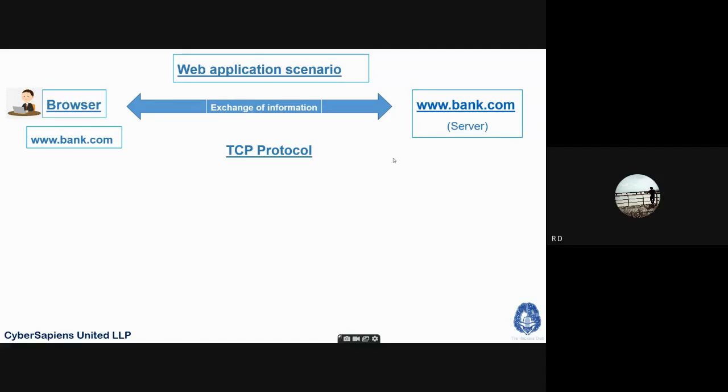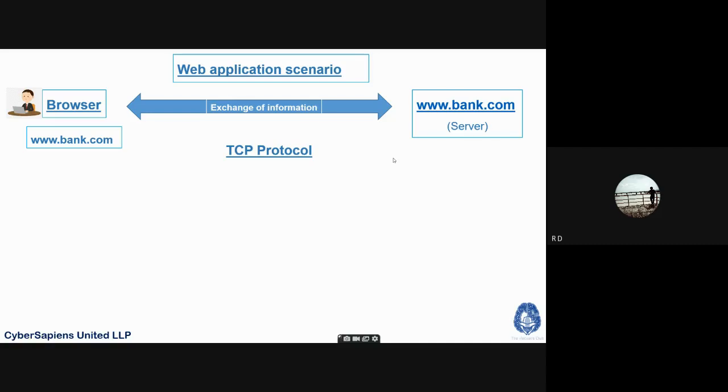TCP does the three-way handshake, as you know, and then the connection is built. Once the connection is built, before even the pages get loaded, these two parties, the browser and the bank server, will exchange some information. This is part of the TCP protocol.